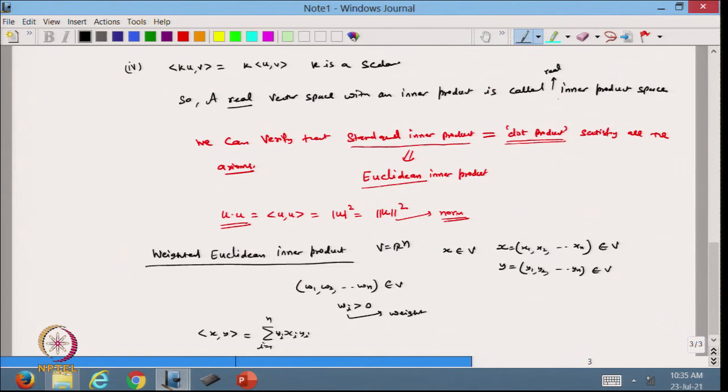So, in this case we have taken the dot product multiplied by wi. This is called the weighted inner product or weighted dot product.